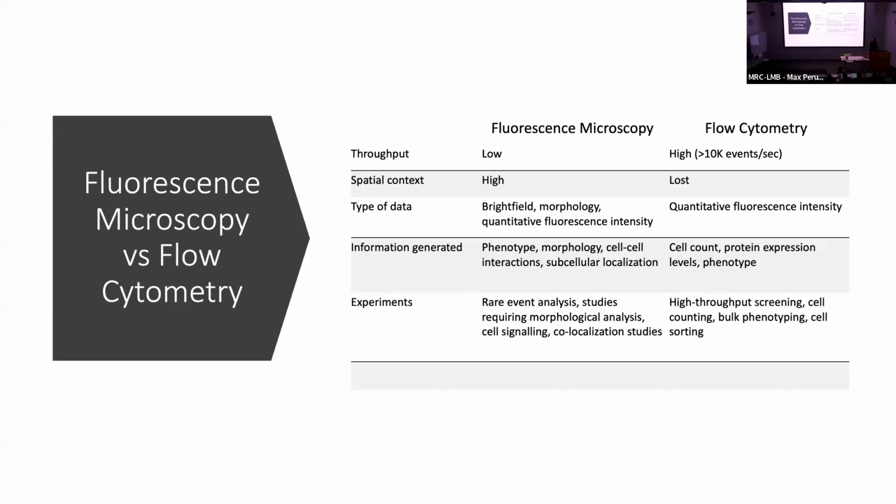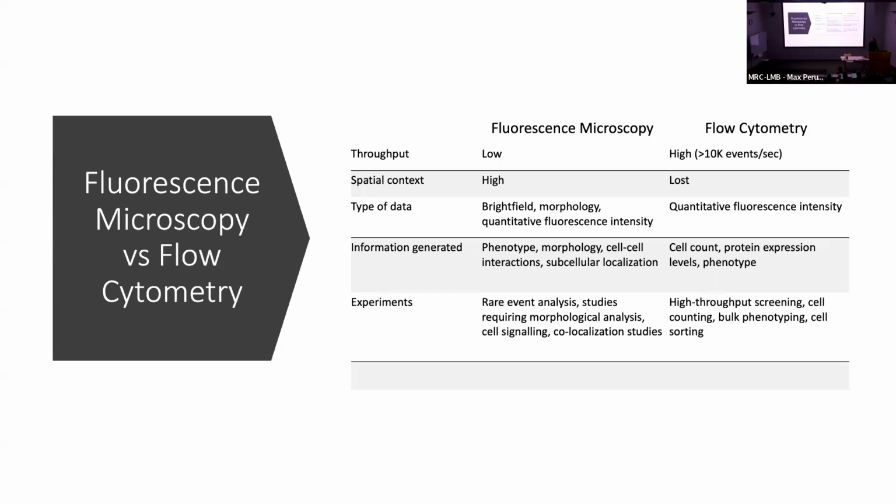And the information generated is also complementary, right? If you're looking for more morphological information, then you're going to go to microscopy. If you just want cell counts and general protein expression, and you want that information in a robust and high throughput manner, then you're going to do flow cytometry.